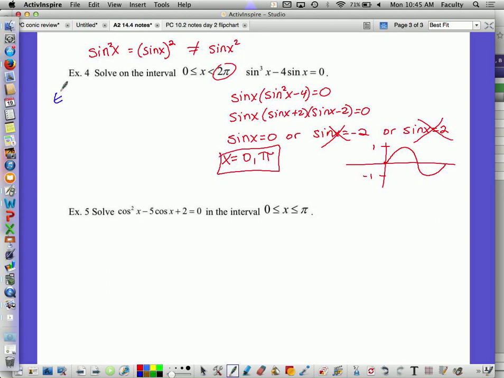All right, let's do an extra one of these. What if I give you 2 cosine cubed x minus cosine x equals 0? Okay, I'm going to give you a head start on me.